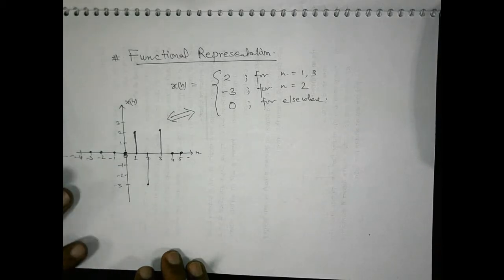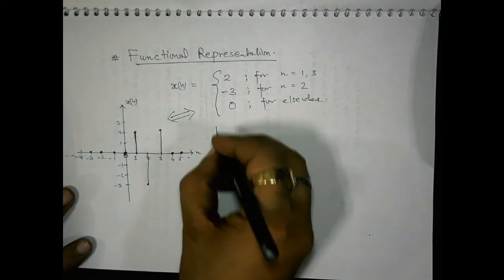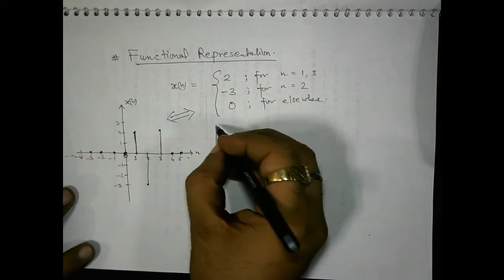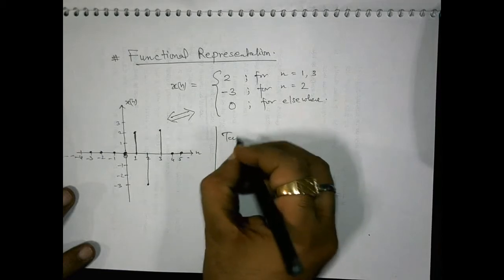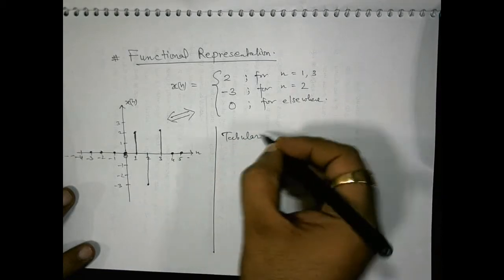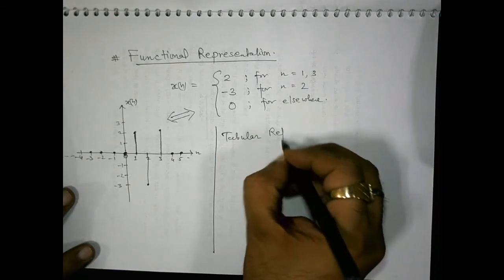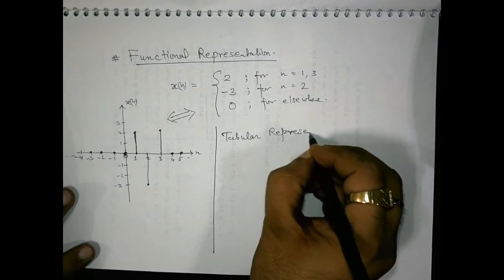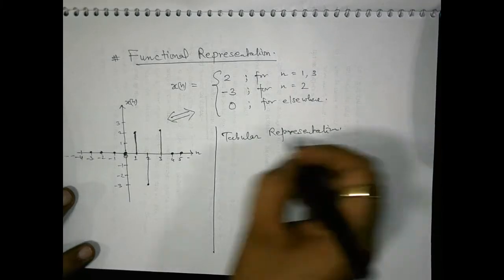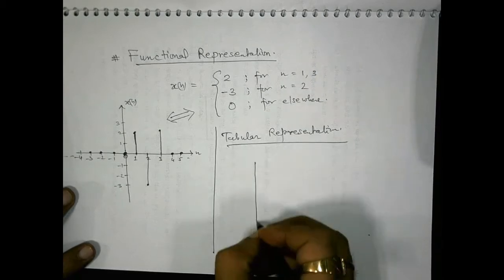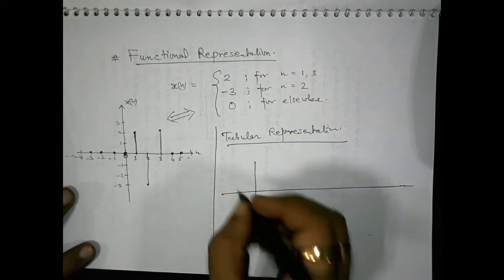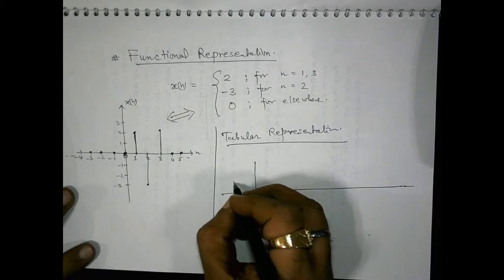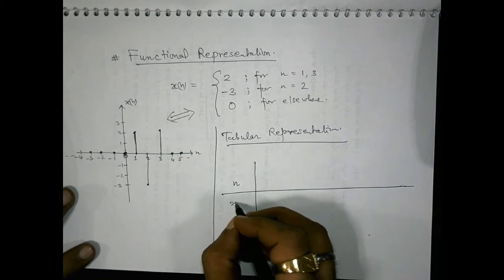So another popular form of representation is tabular representation. Suppose I wish to represent some signal for which I am making a table of n and x(n). This is very simple.